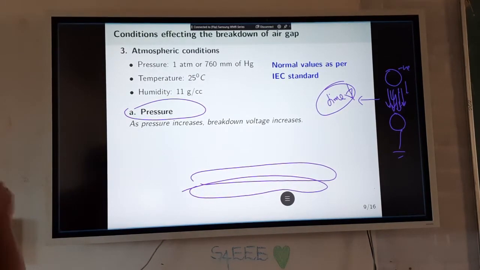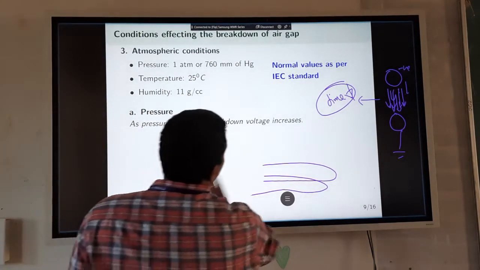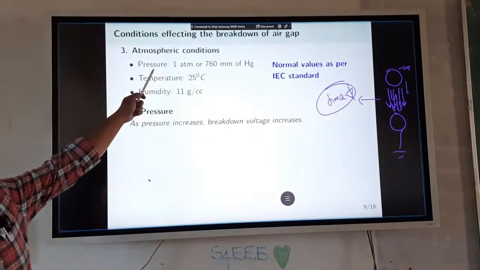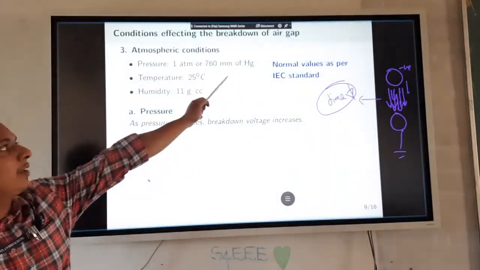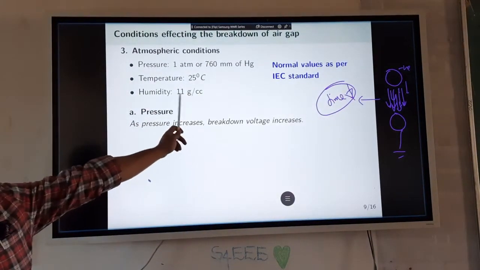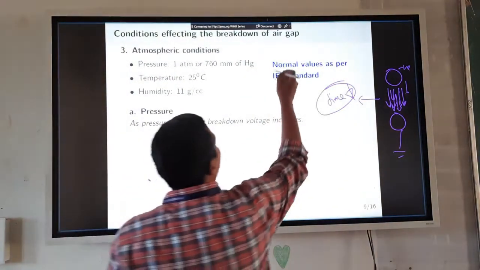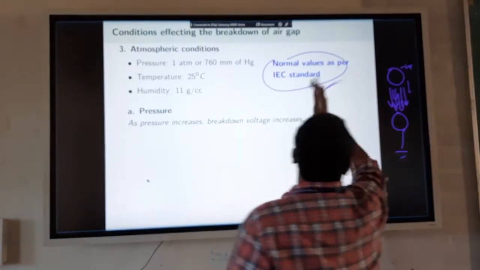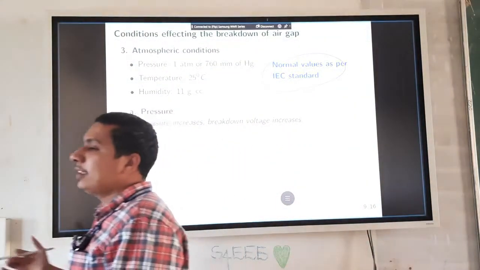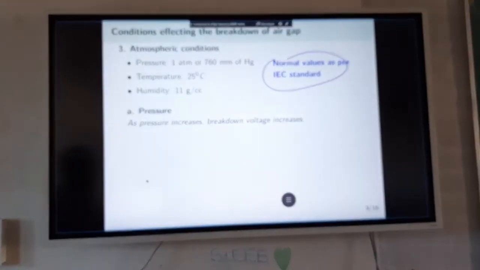Similarly, you have other conditions like the atmospheric conditions. The chart is made for the standard atmospheric condition: 760 mm of Hg pressure, temperature of 25 degrees and humidity of 11 grams per cubic meter. These are the normal values as per the IEC standard, but they will not be the conditions under which we make our measurement, so we should apply some correction.